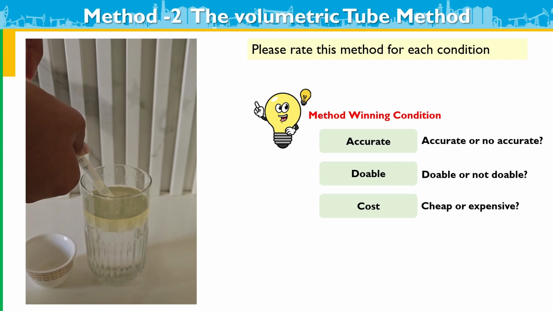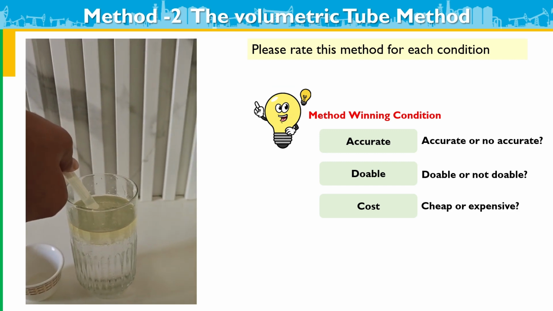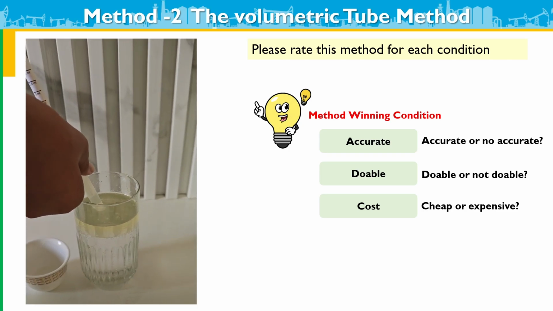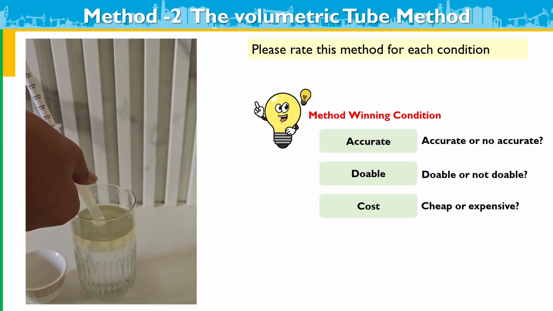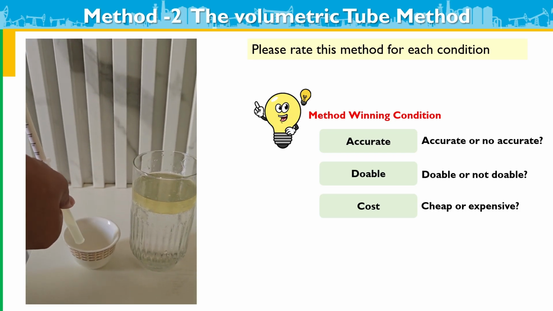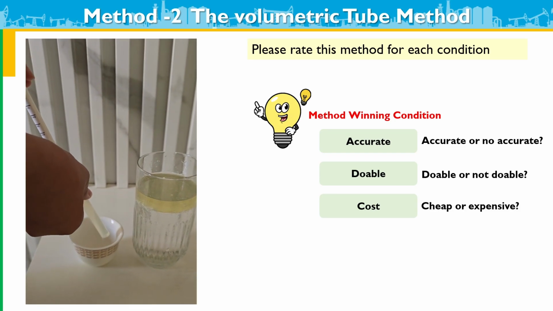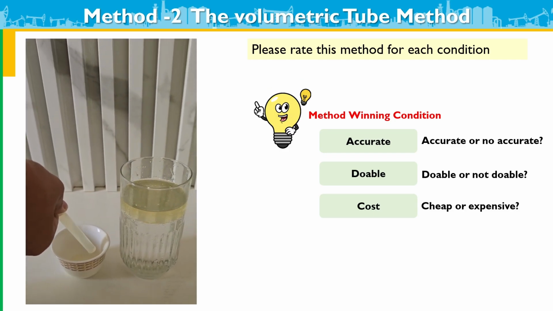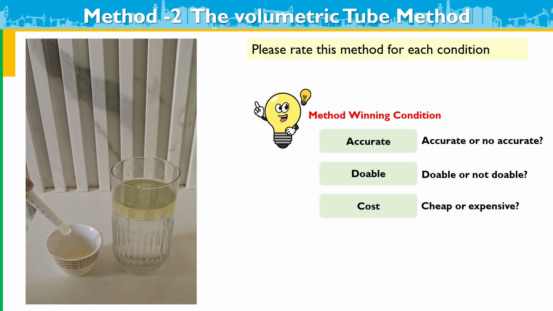Again, I want you to watch the effort required to measure the amount of oil and think of any issues or problems of using this method that might not make it the best. After finishing this measurement, I will ask you to do the rating exercise again.